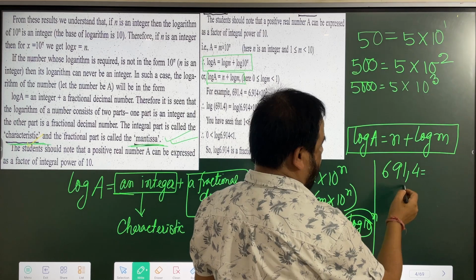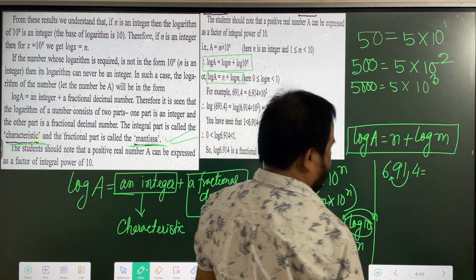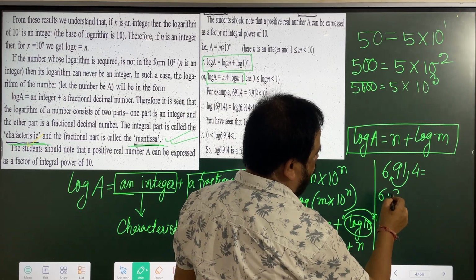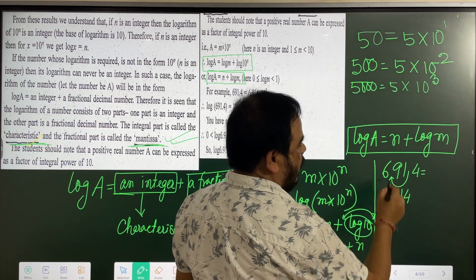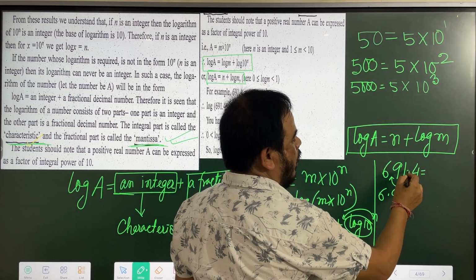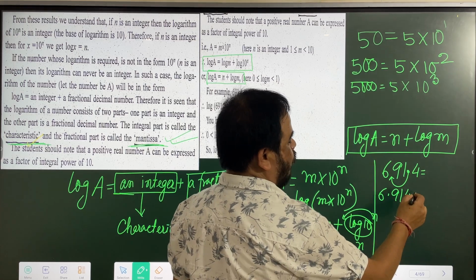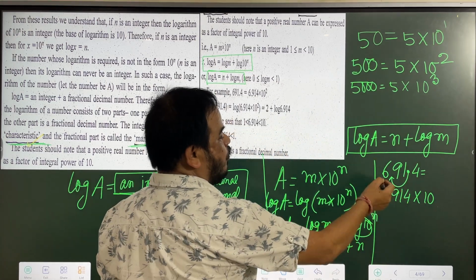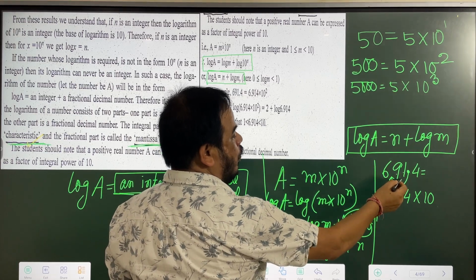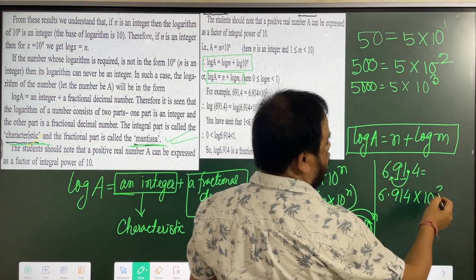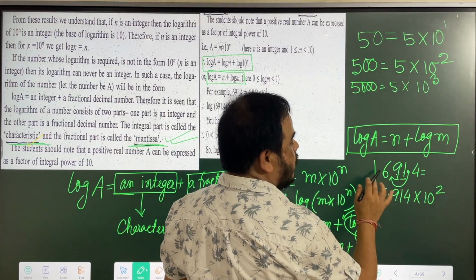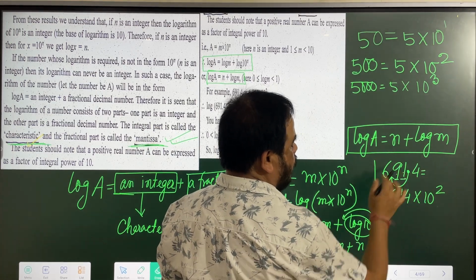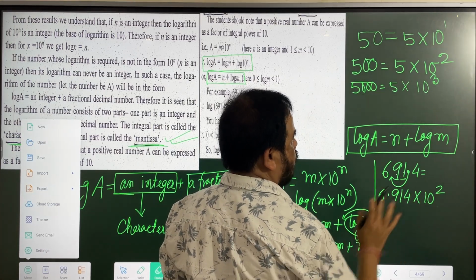That means this decimal will move here, so we write 6.914. 691.4 we have made 6.914 into 10 to the power, how many digits moved this side? 1, 2. So 10 square. Then only it will be okay. 691.4 is equal to 6.914 into 10 square.